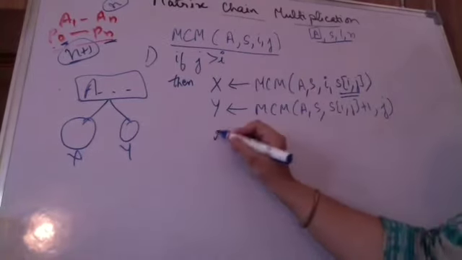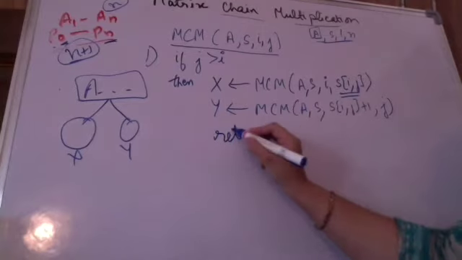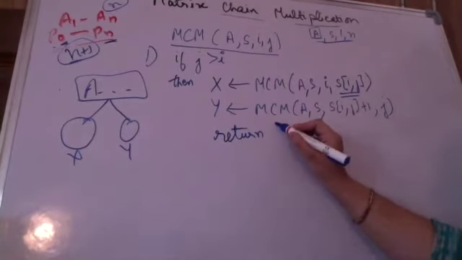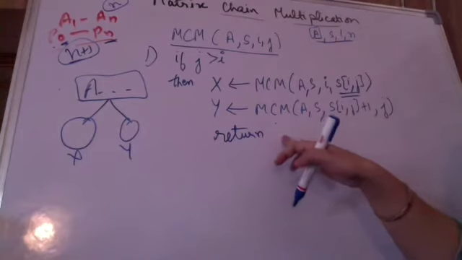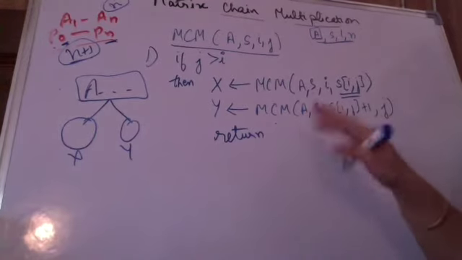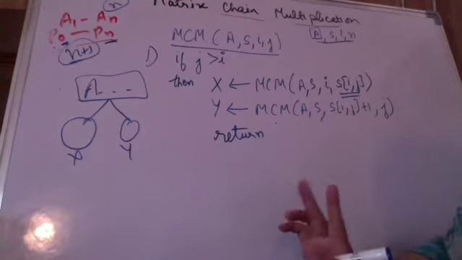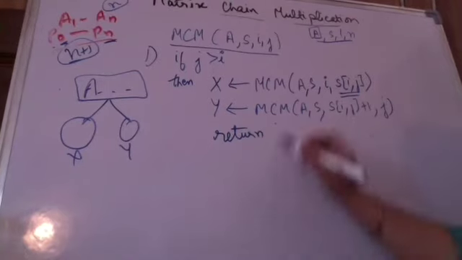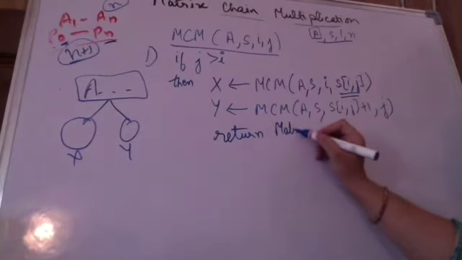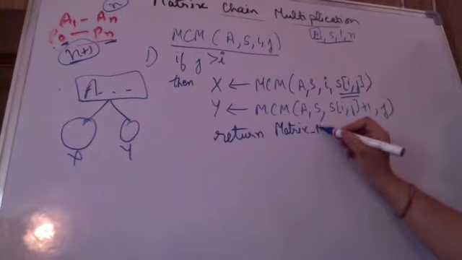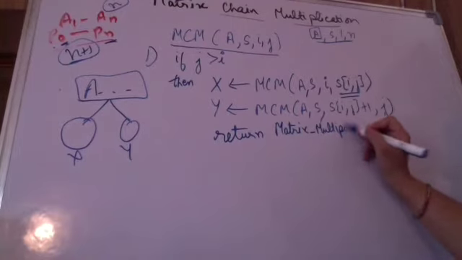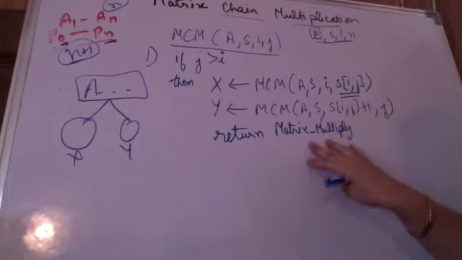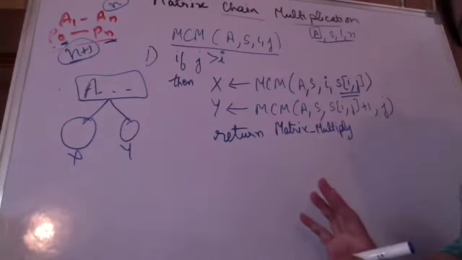I will return. What do I need to return? I will be calling matrix multiply for x and y. That is a matrix multiply for only two matrices. I hope all of you can write this function, a separate one for multiplying two matrices of the order x cross y and y cross z.